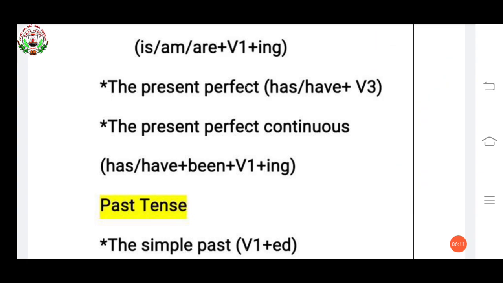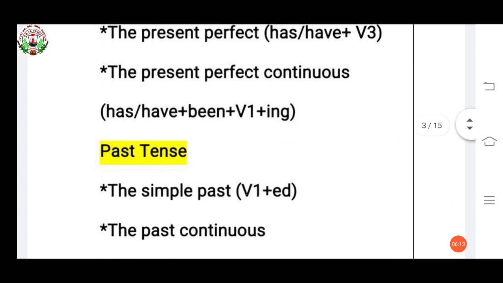Okay? Now see, the present perfect continuous tense. The present perfect continuous tense is used to talk about actions that started in the past and are still going on now. Again, I am repeating.